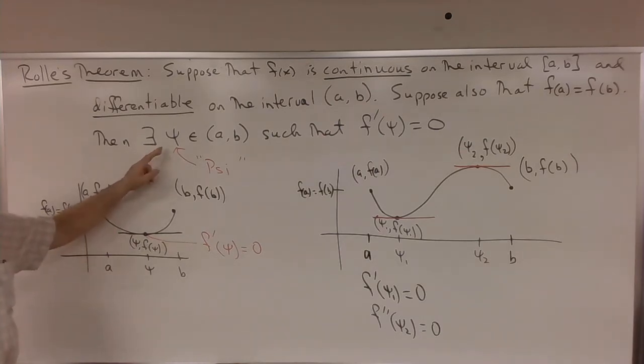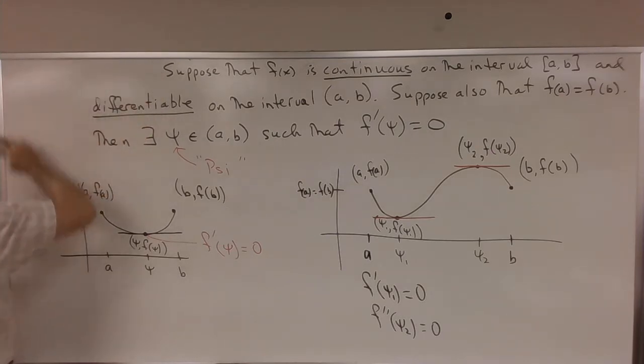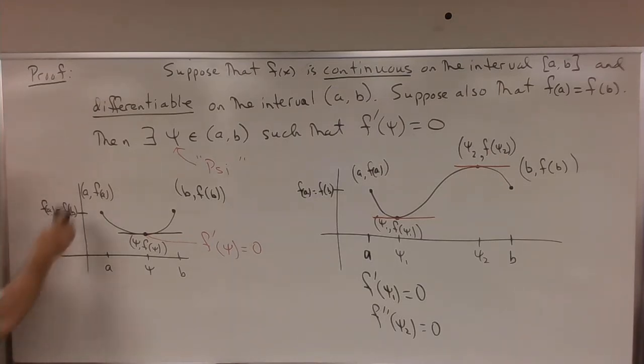But there's got to be at least one. So that's what Rolle's theorem is telling us. So we let the hypotheses be given.